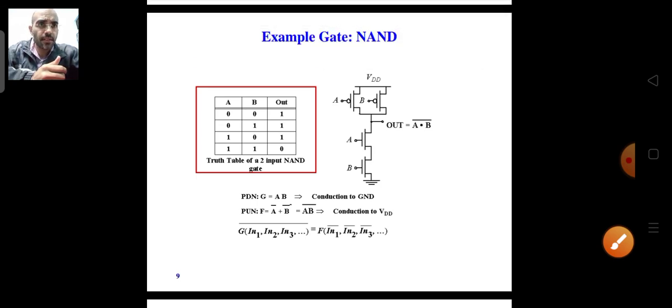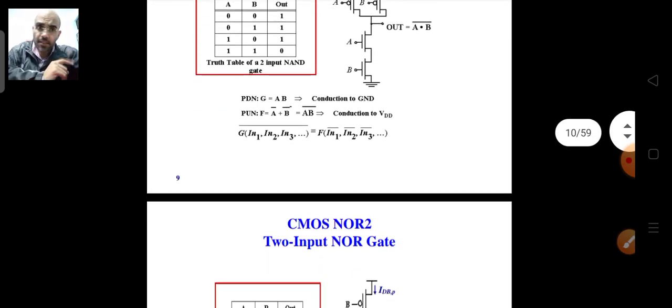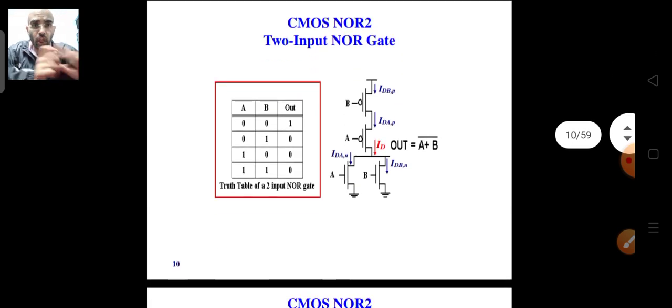Now let's move on to the other circuit, and let's say you want to realize a 2-input NOR gate. Whatever we have understood in the above slide applies here as well. First make the truth table. Whichever gate you want to realize, first make its truth table, and then see which combination you can apply.